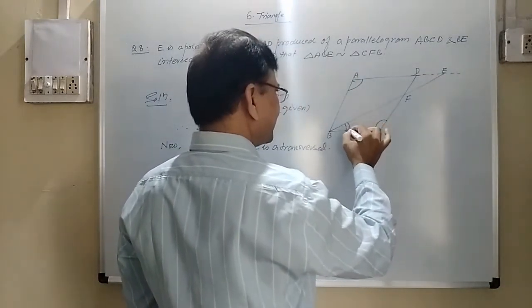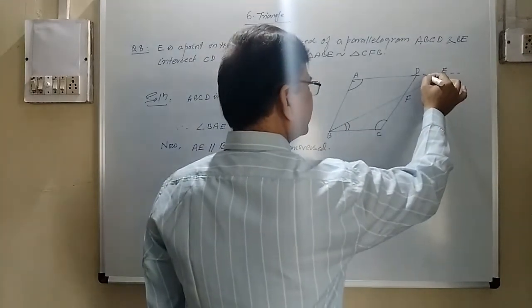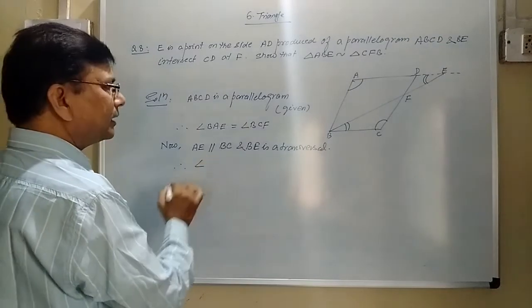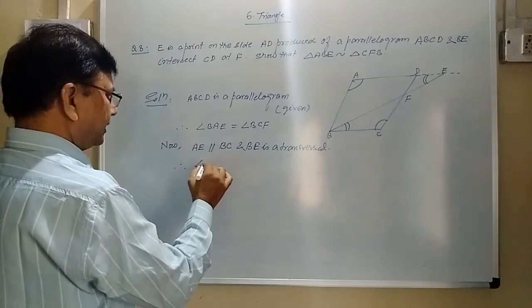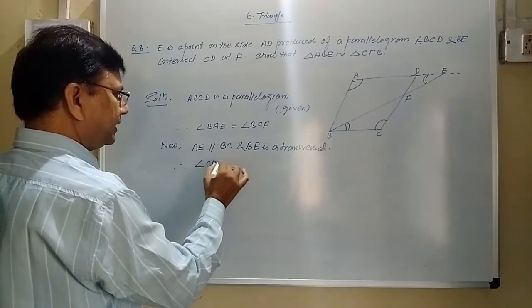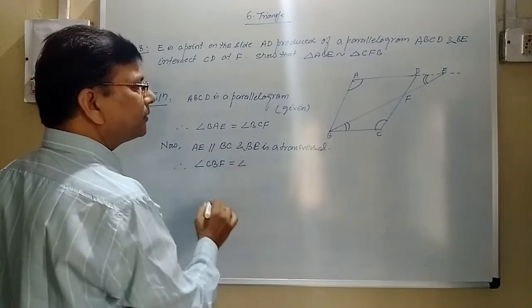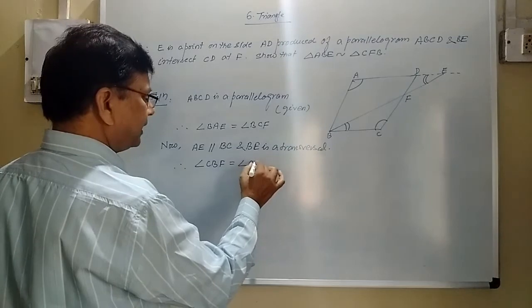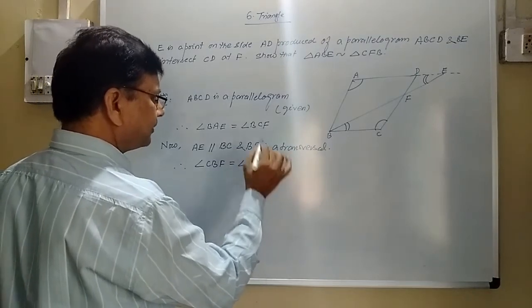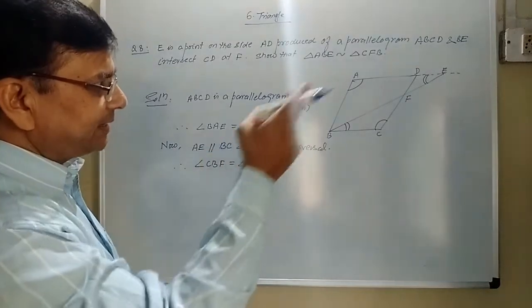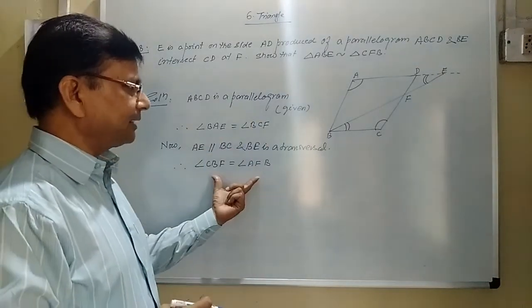Therefore, this angle is equal to this angle, alternate angles. Therefore, angle CBF is equal to angle AEB. These are alternate angles in case of parallel lines and transversal.